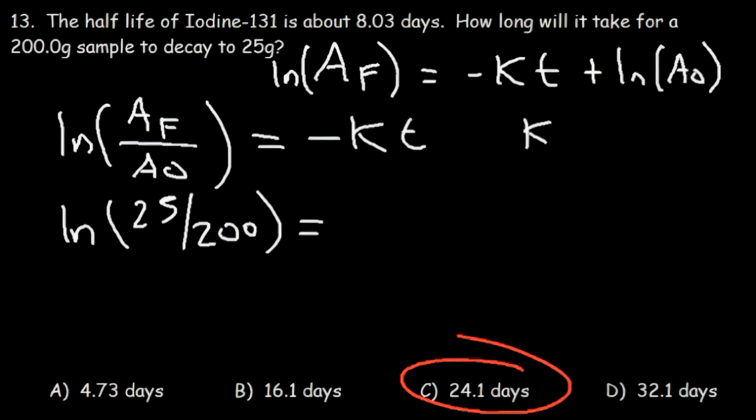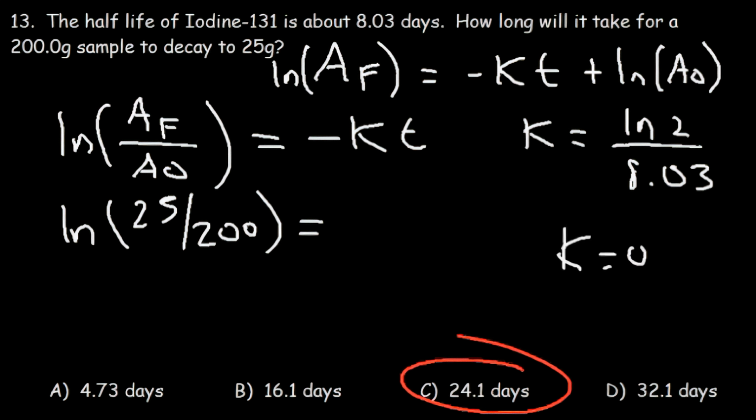So we can use this equation: k is going to be ln 2 divided by the half-life, which is 8.03 days. So ln 2 divided by 8.03, you should get 0.0863 for the value of k. So now we can plug it into the equation.